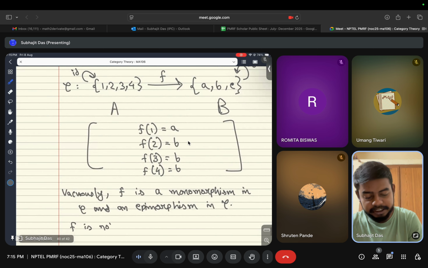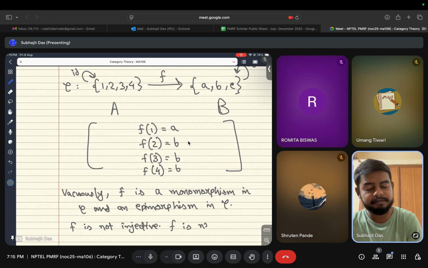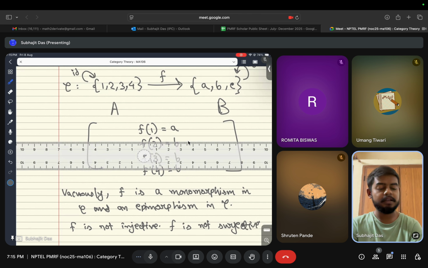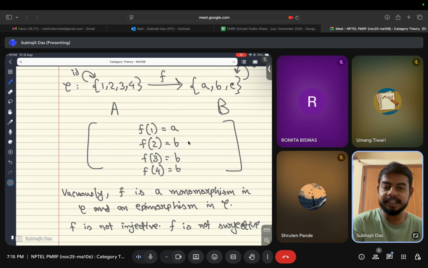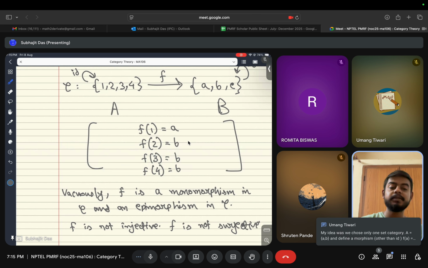F is not injective, F is not surjective. So it's not true that monomorphisms need to be injective in C and epimorphisms need to be surjective in C.